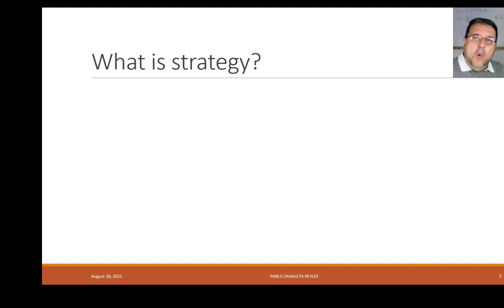So first, what is strategy? There are a lot of definitions out there, but in our case we will be talking about not taking a step without it being able to take us to our result.